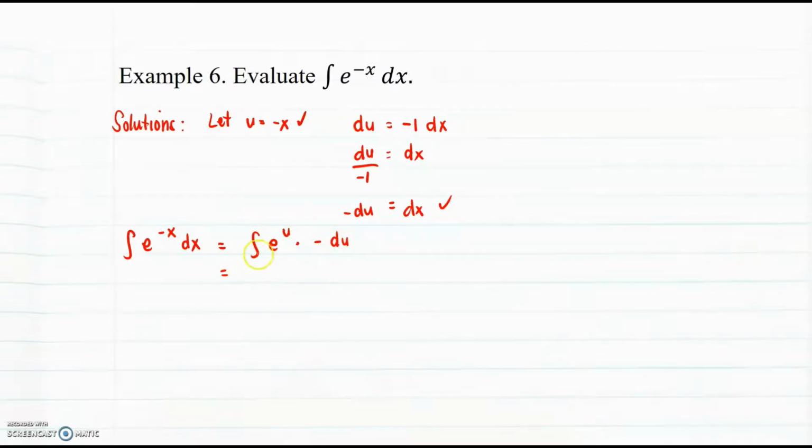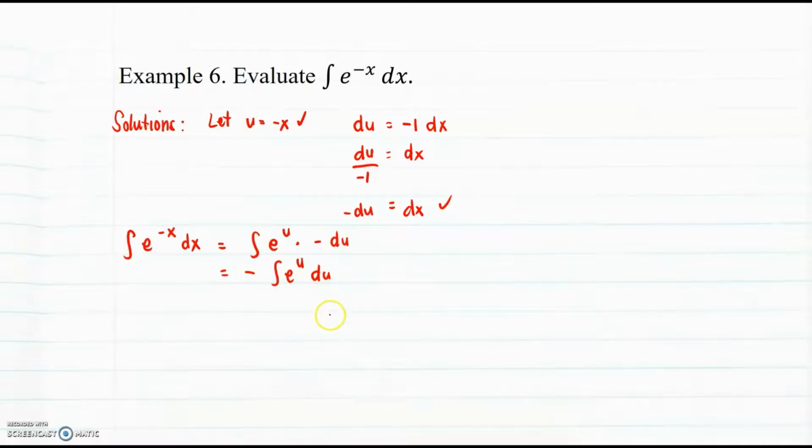Taking the negative out of the integrand, we have negative times the integral of e raised to u with respect to u.